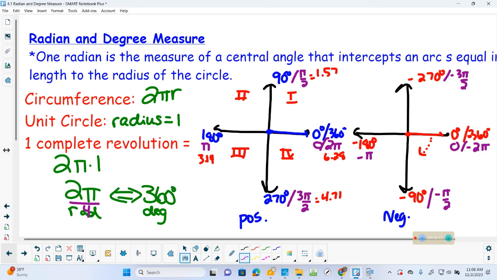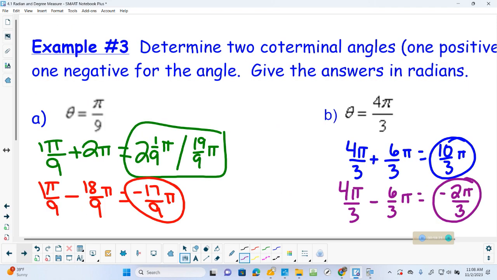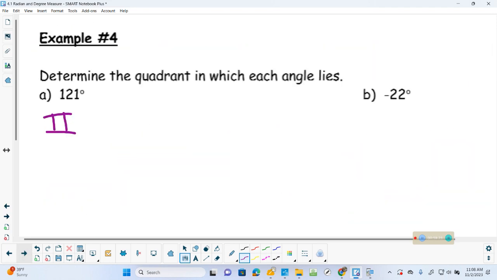So the far graph, negative 22, well, that's between 0 and negative 90, so that would lie in quadrant 4. That's why I got carried away with the detailed pictures. You can just use them, of course, from here on out. Hey, 2 pages done, 2 to go.